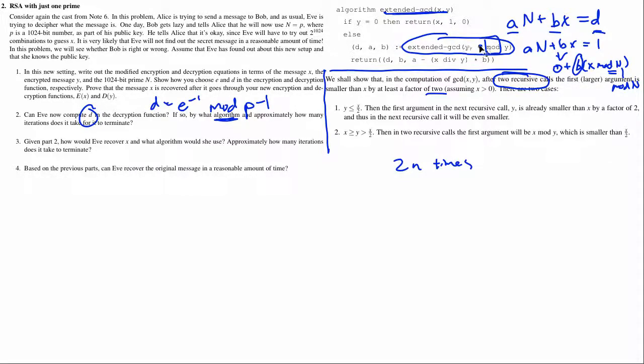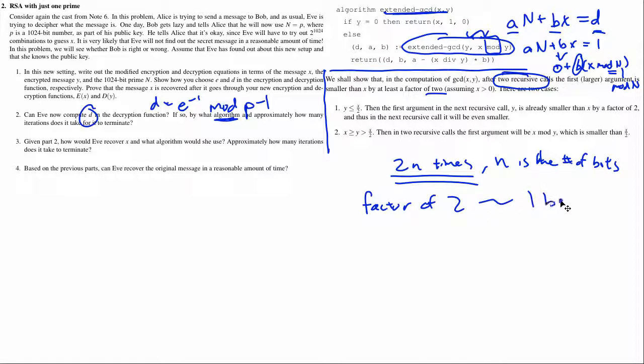Because there's a swap that goes on if one number is really close to another. So then that's why you need to make sure you have two recursive calls. Therefore, we have 2n times, where n is the number of bits. Because if you lower by a factor of 2, that's basically removing 1 bit. So a factor of 2 is very similar to 1 bit.